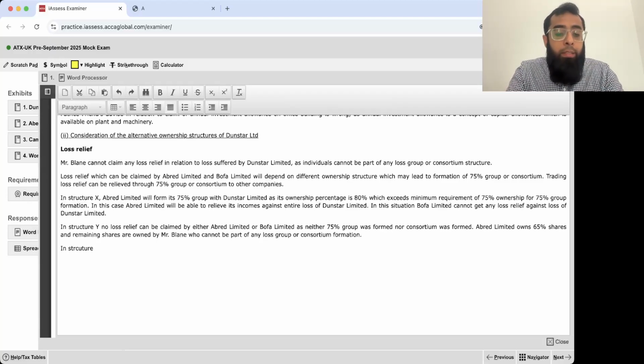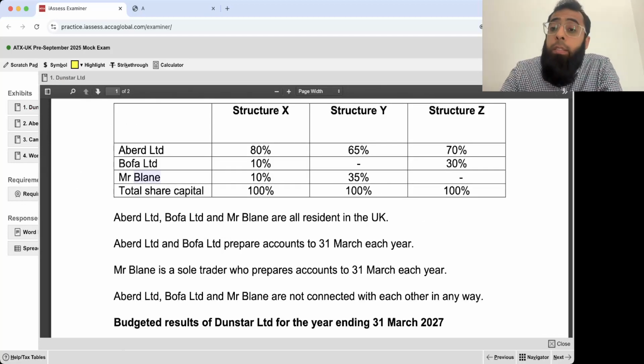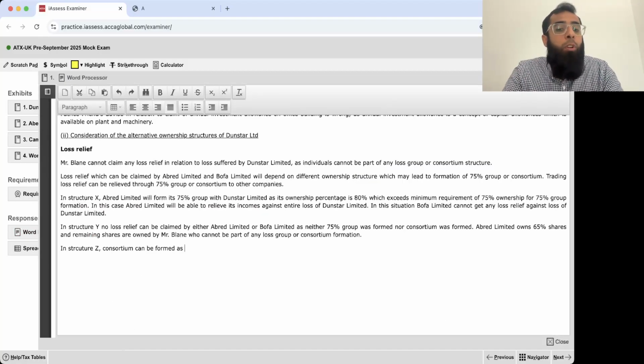In structure Z, a consortium can be formed. Why can a consortium be formed? Because now Abrid owns 70%. At 70%, he cannot form his own group. He needs someone else. So he will have to join hands with BOFA. Now it's a company. Here he cannot join hands with an individual. In structure Z, a consortium can be formed as Abrid Limited's ownership is 70% and it cannot form its own 75% group.